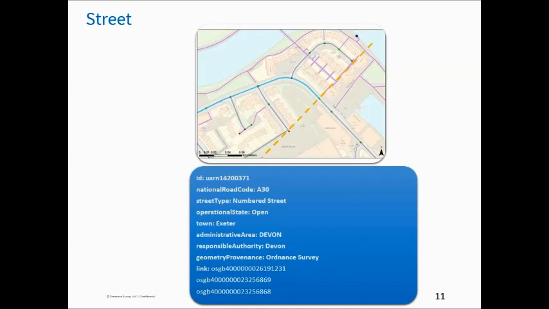Also, I would like to emphasize the way the street feature is generated. It is populated from the National Street Gazetteer and will exist regardless of whether an elementary street unit geometry has been matched to at least one of the road links. Therefore, the street geometry is basically an aggregated geometry. So if any of the street's elementary street units have been matched to a road link, then the aggregated geometry of the road links will be provided.